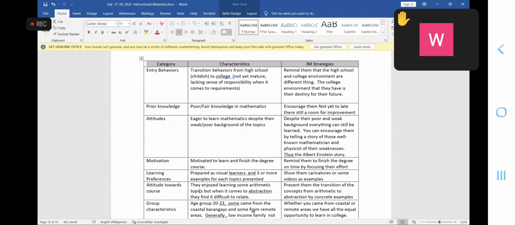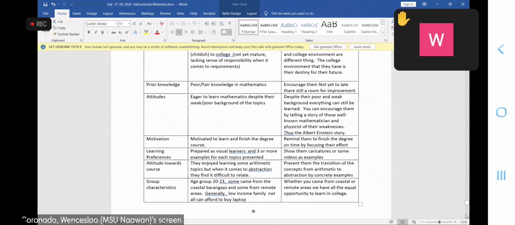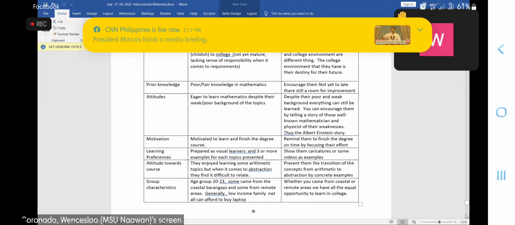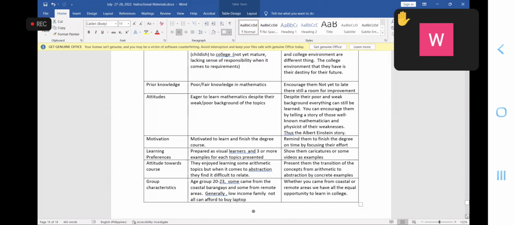My strategy is to present to them the transition of the concept from arithmetic to abstraction through more concrete examples. Age characteristic: age group 20 to 23, some came from coastal barangays and some from remote areas.